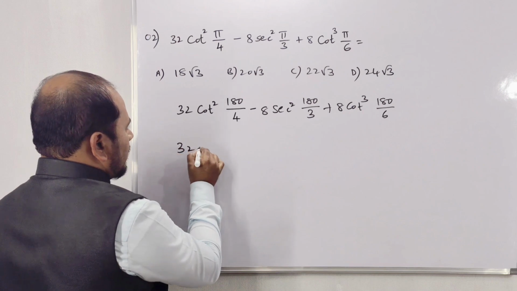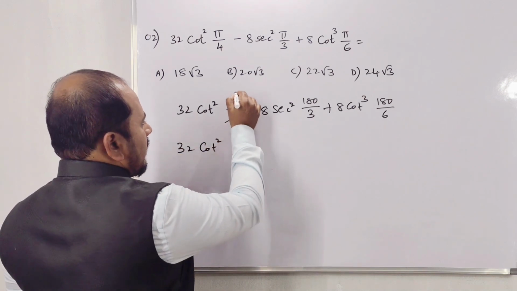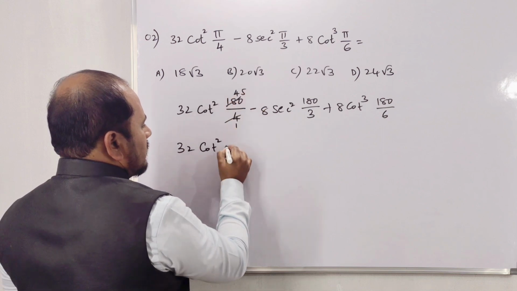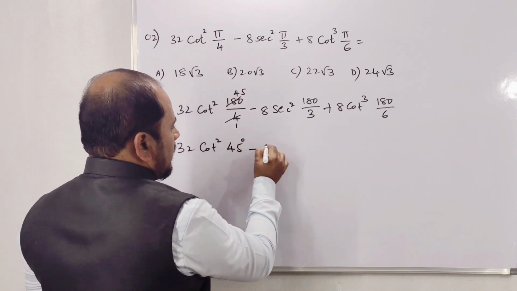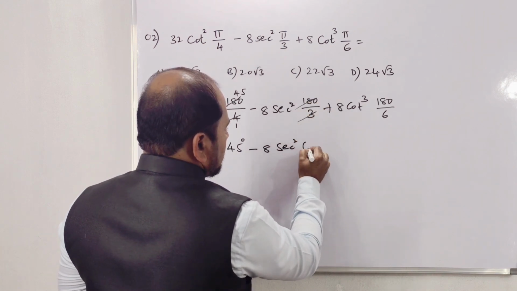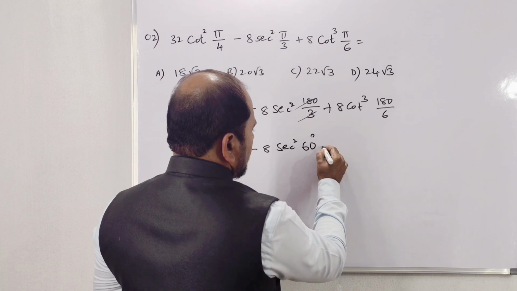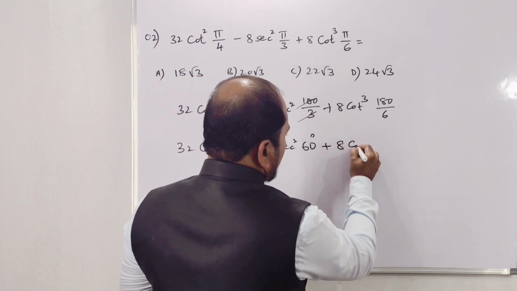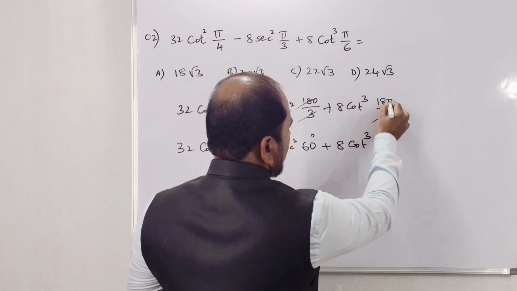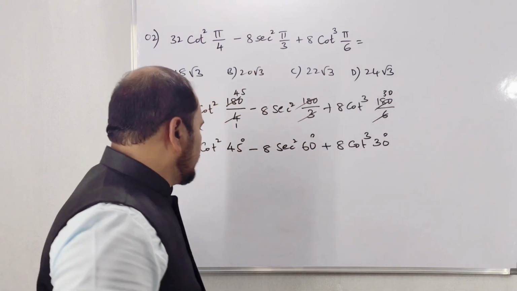Now here 180 divided by 4 gives 45 degrees, minus 8 into secant square 180 divided by 3 gives 60 degrees, plus 8 cot cube 180 divided by 6 gives 30 degrees, my dear.